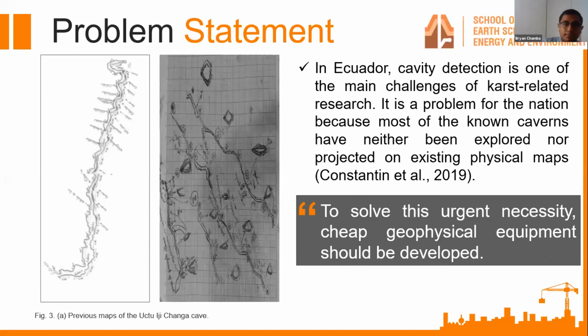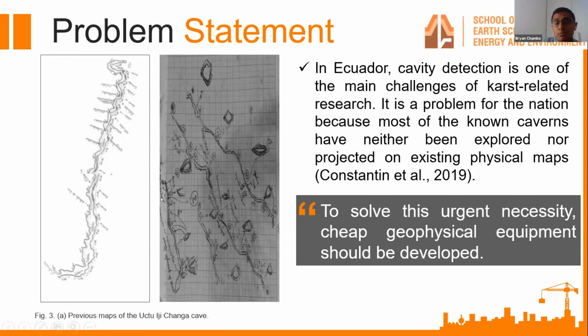Problem statement. Here in this picture, we could see a previous map of the Uctuijichanga cave, and it's really interesting to analyze the resolution, the scales, and the features of this map. It is a really huge problem in Ecuador because almost all the karst caves located in the Amazon region have this kind of maps.